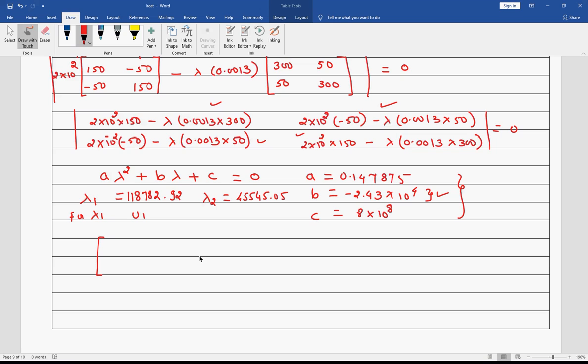So has anyone got the first value? Because only two values you have to get. Okay.